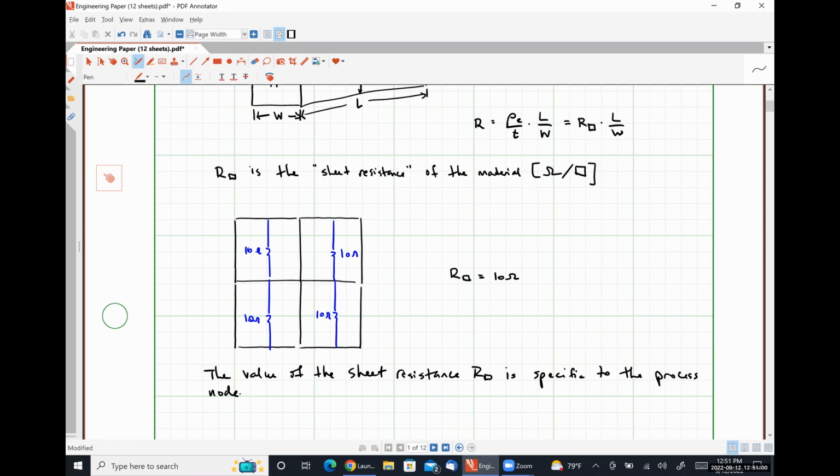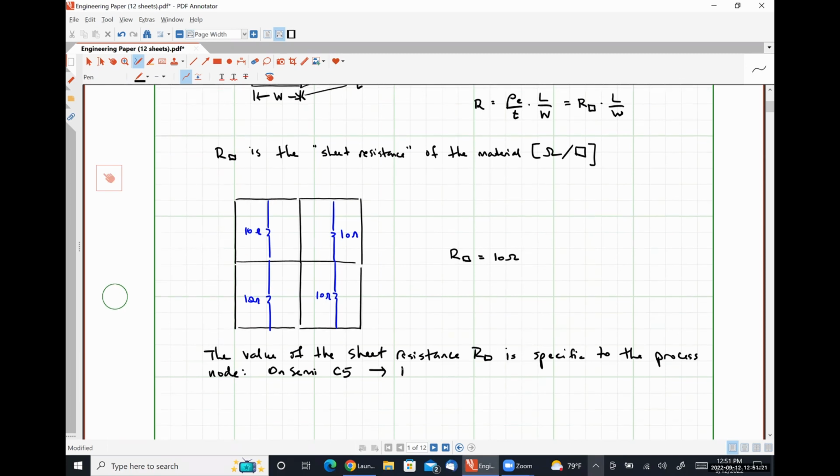So for the On Semi C5 process, which is what I've based the notes and stuff in this class on, the sheet resistance of N well, if my stylus will write, is 0.8 kiloohms per square, plus or minus 20%, depending on process variation, okay?